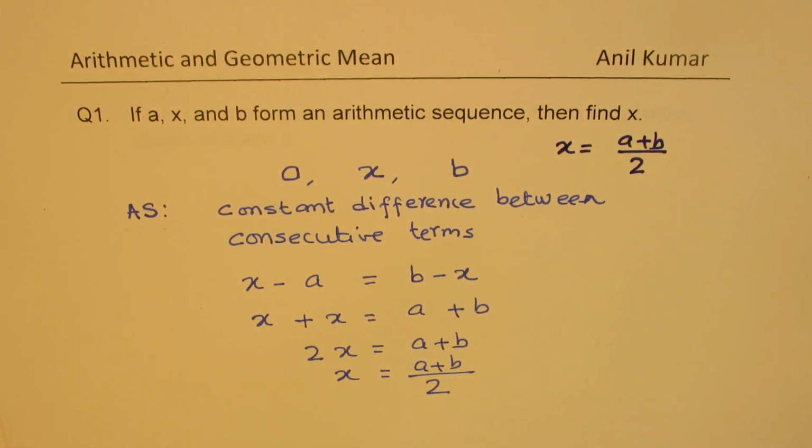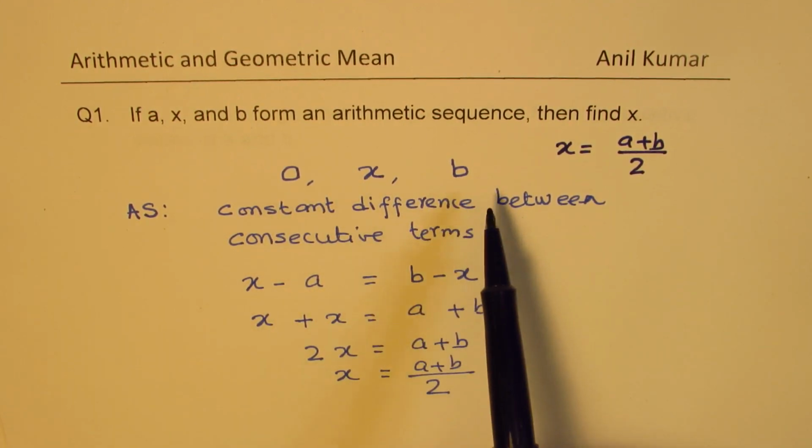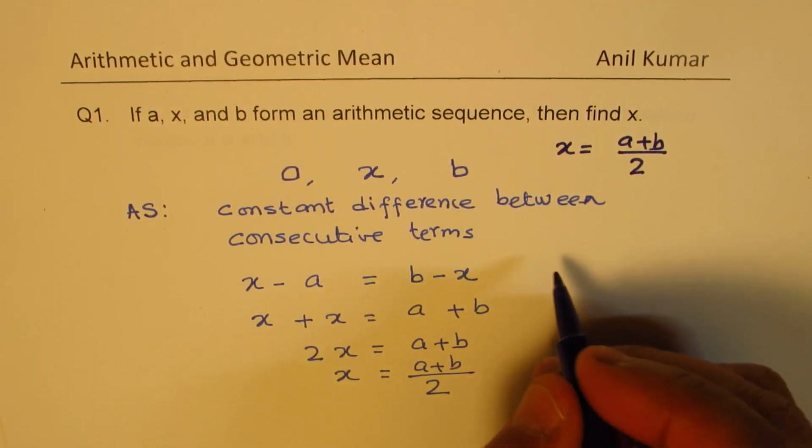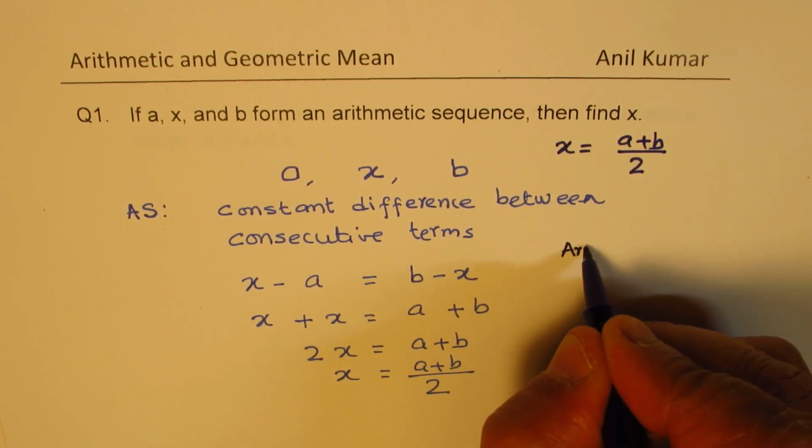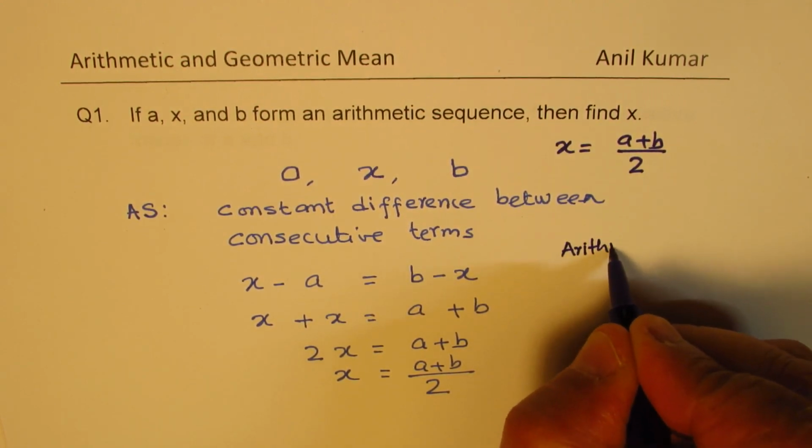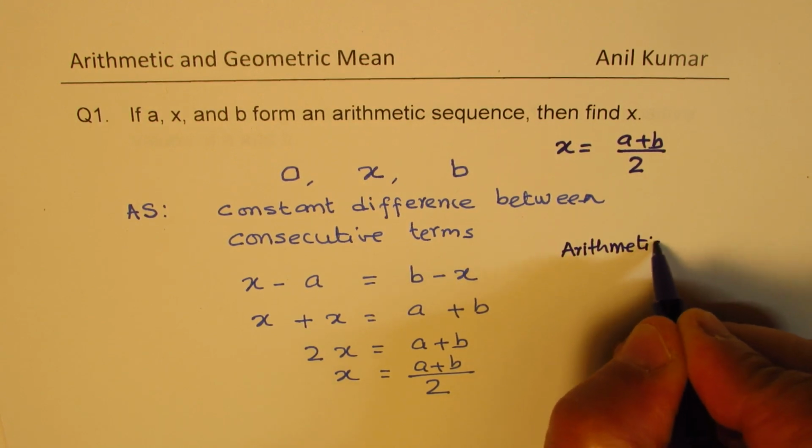Now we extend this to even more terms. So if there are n terms, arithmetic mean can also be found by adding all the numbers.